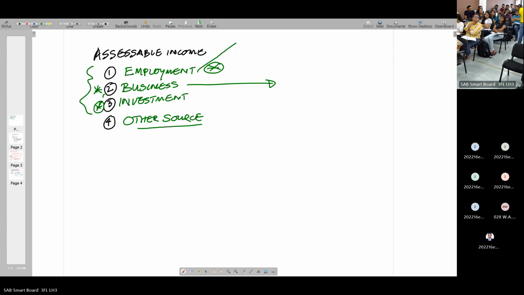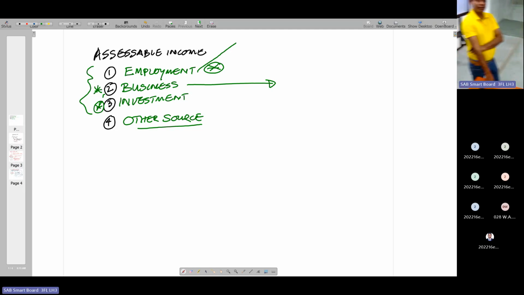So in a real sense, under the tax law, the single term is called vocation, right? Vocation. So this type of thing comes in: carpenters, technical persons. Say I want to repair my motor car, then I have to go to the person who does that mechanical work.